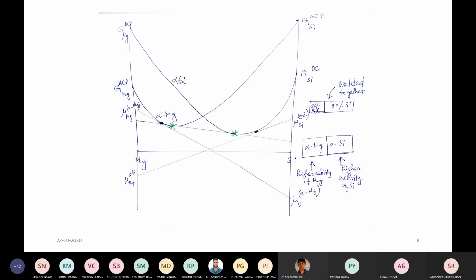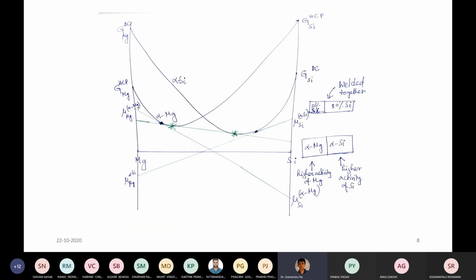Now, to understand the scenario, suppose there are two phases, one is alpha silicon phase, and one is alpha magnesium phase. In the plot, one curve represents the alpha magnesium Gibbs free energy, and another represents the alpha silicon Gibbs free energy.